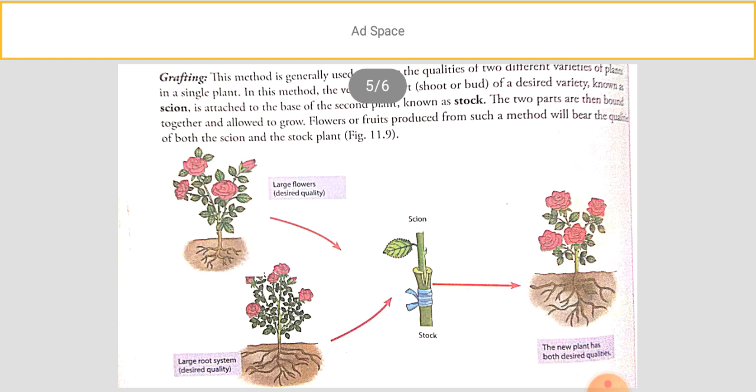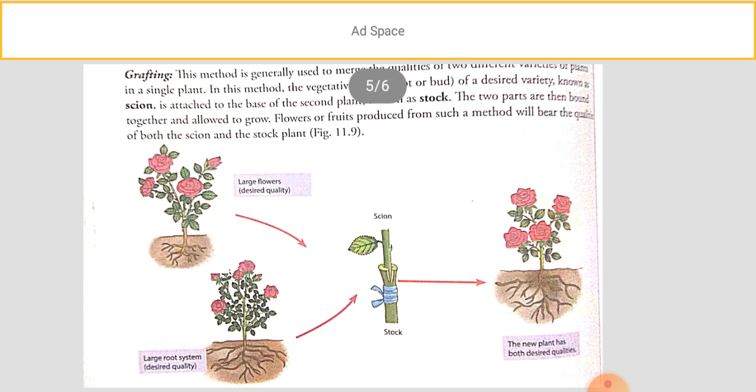So, to get two varieties in the same plant, we bond two plants. Both plants are tied together, and after some time we see that both plants grow into a new plant, which carries the qualities of both scion and stalk.